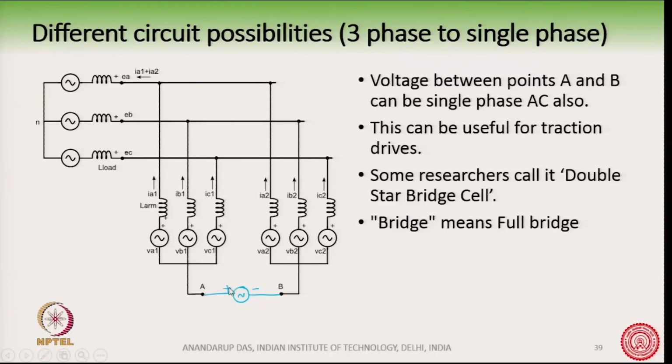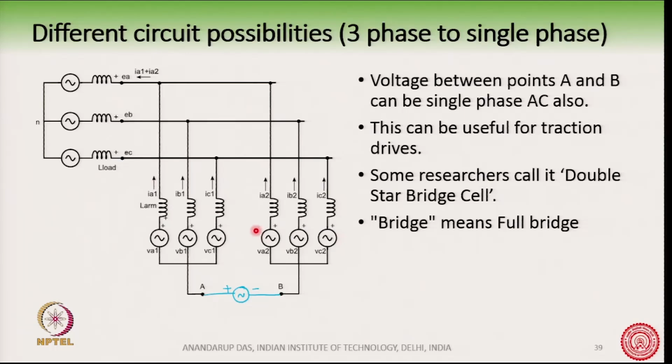So, the blue colored waveform which we had drawn, if the voltage starts to vary there, then we will be using full bridge cells inside this. We will be using full bridge cells here and here, so that the instantaneous voltage difference between this voltage source and this voltage source can be supported by the arm voltages.